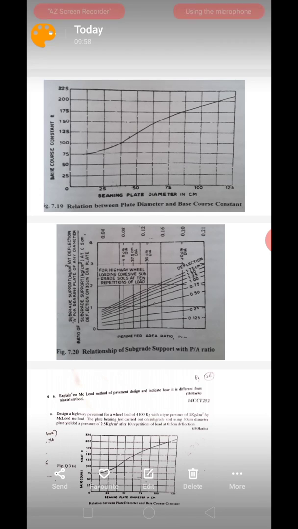This is 0.5 centimeter third line, 0.5 centimeter deflection, and 0.124 is the P by A value, for which we need to calculate this X on y-axis. So here is the point which coincides, so approximately we are getting one value.